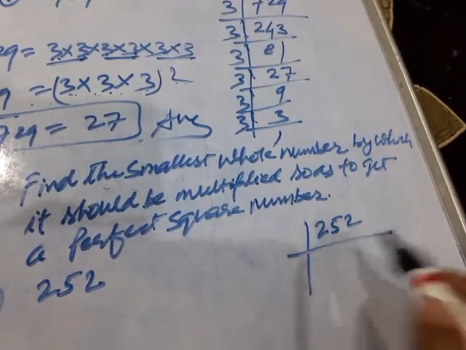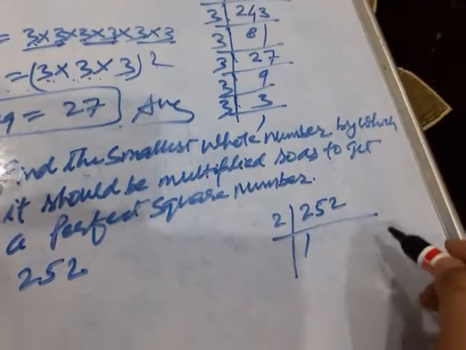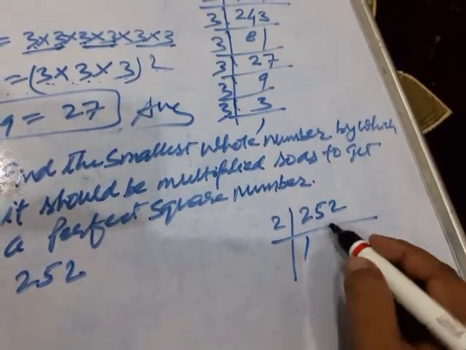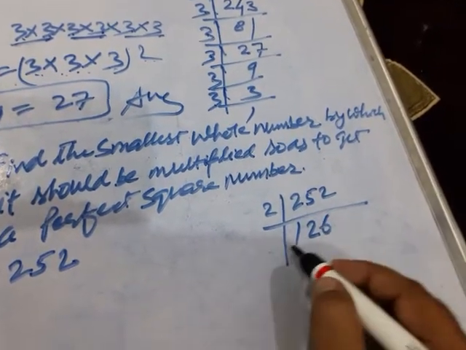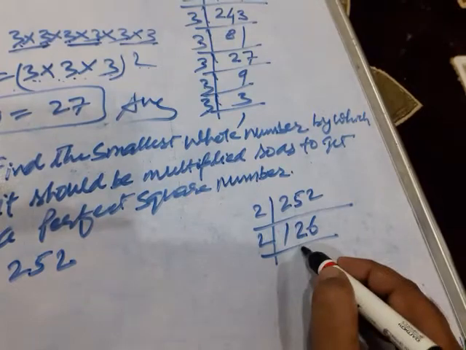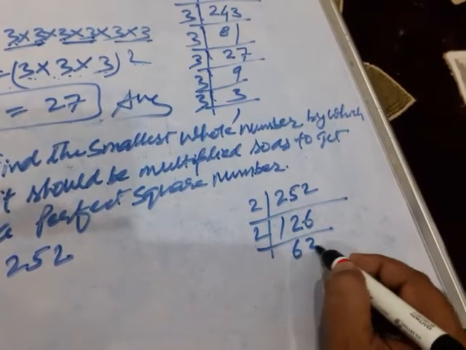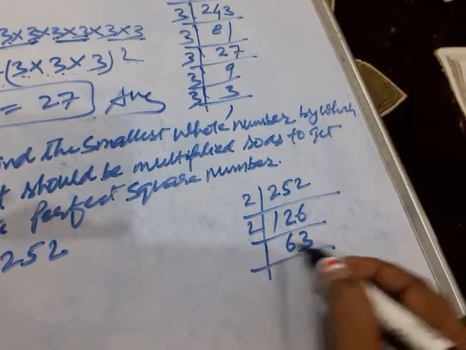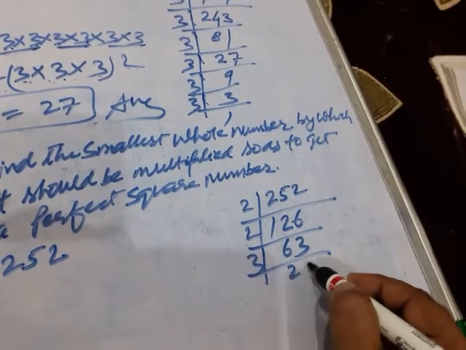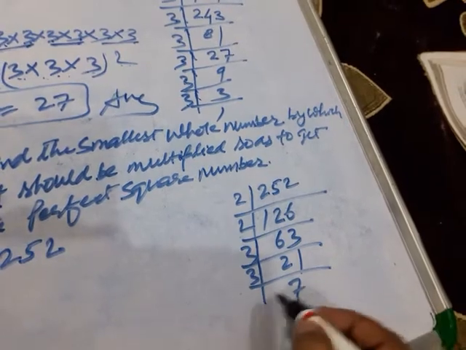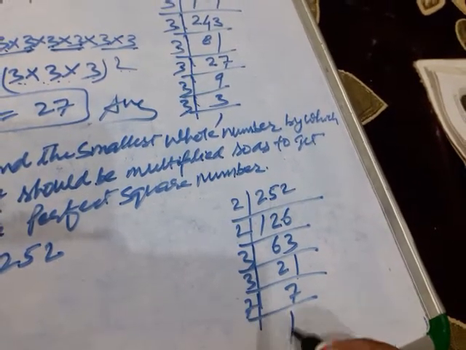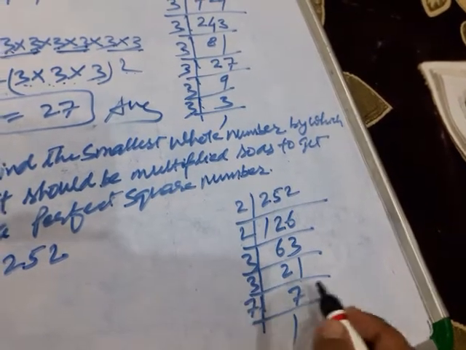Let us divide: 2 ones are 2, 2 twos are 4, and 2 sixes are 12. Then 2 sixes are 12. Then 3 twos are 6, 3 ones are 3. Then 3 sevens are 21, and this is 7 ones are 7.